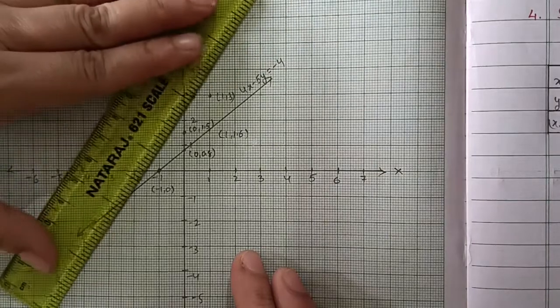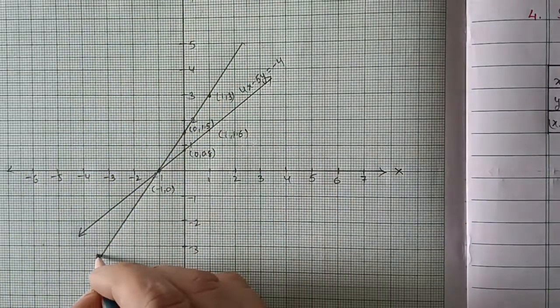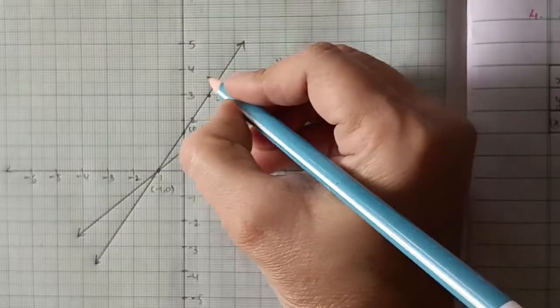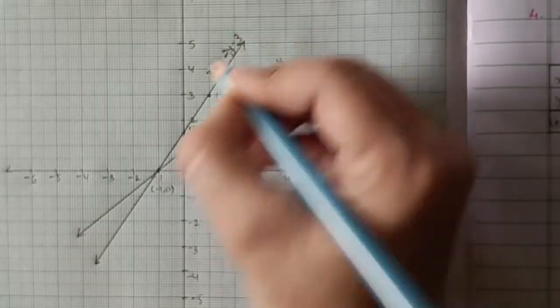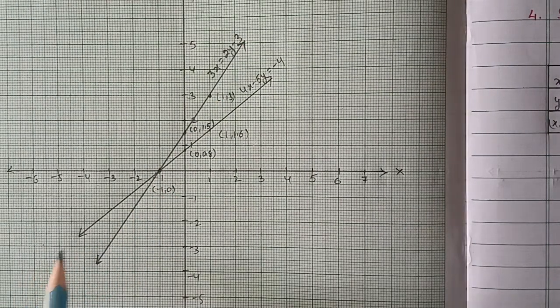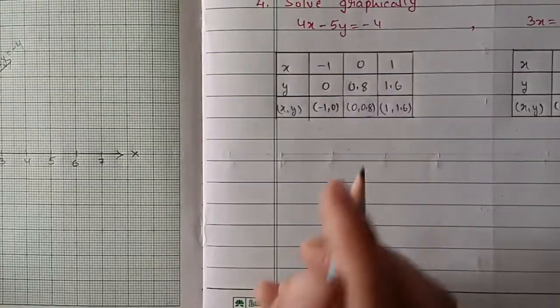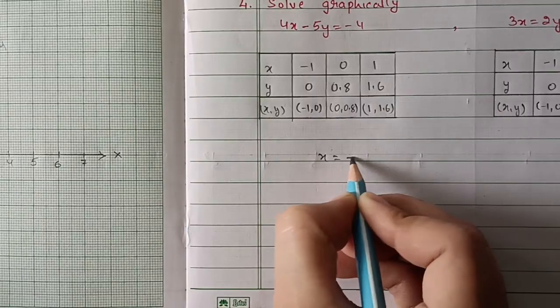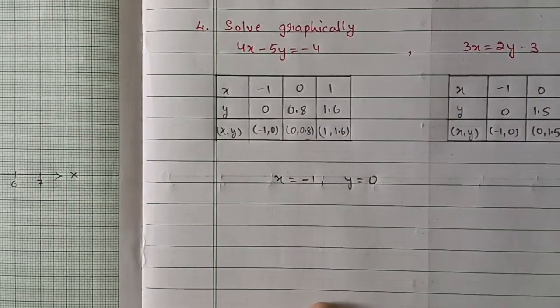Join these 3 points also. 3x is equal to 2y minus 3. So you can see both the lines are intersecting at this point, minus 1 comma 0. So x value is here minus 1 and y value is 0. This is the solution for these two equations.